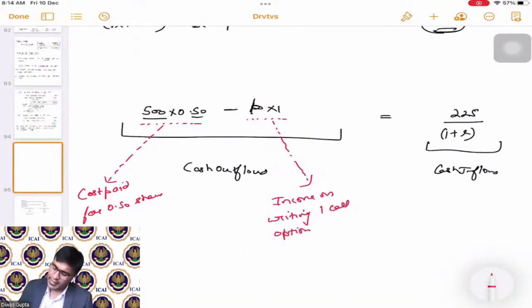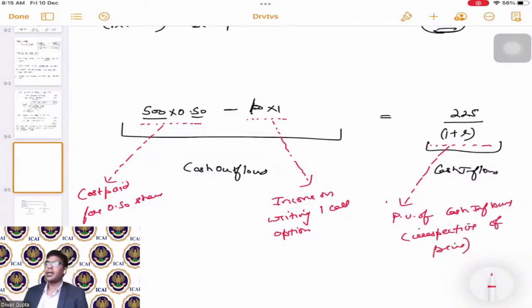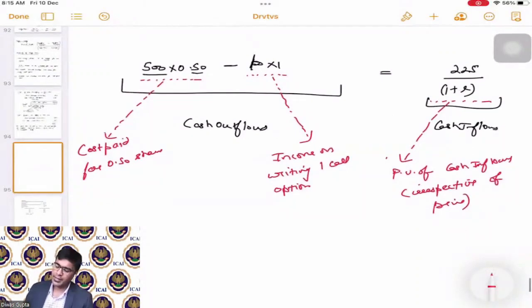And this entirely is the present value of the cash inflows, irrespective of price. Irrespective of price, whatever is the present value of the cash inflows, this is represented by this.